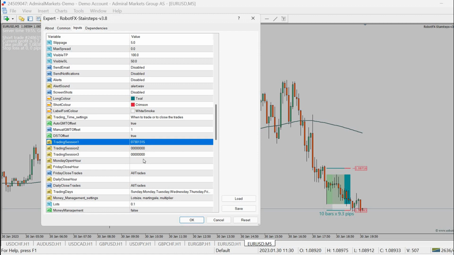That's the idea of the trading sessions. As I said, leave it as it is here, from 00 to 24, and the expert advisor will trade the entire day.